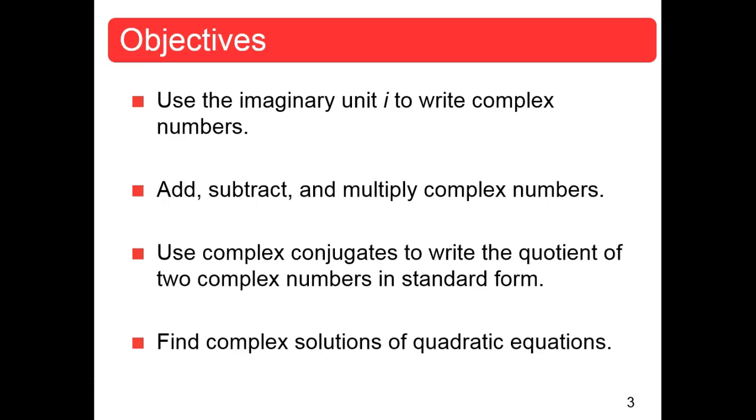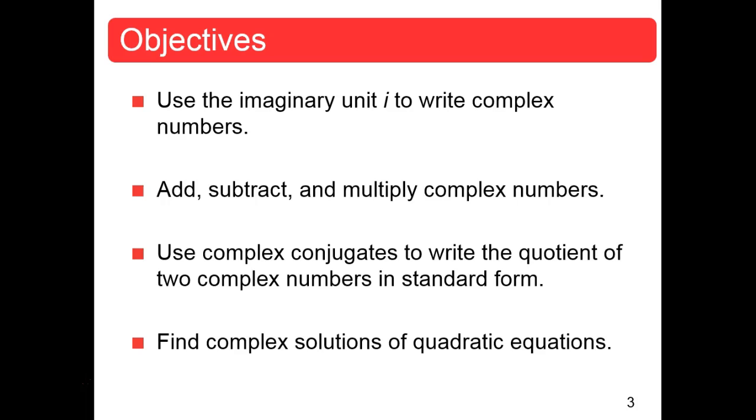And finally, find complex numbers, solutions of quadratic equations. That's why we're introducing them, because some quadratic equations, when you go through the process to try to find solutions, you'll find out what we've said before, no real solutions, or only one real solution. Well, that's usually a double root.